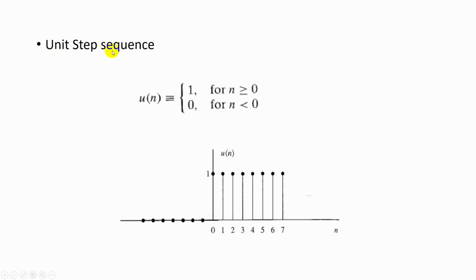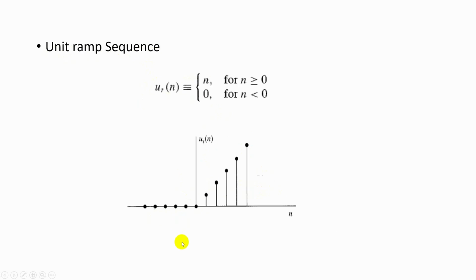Next is the unit step sequence, where u of n is equal to 1 if n is greater than or equal to 0. It is equal to 0 if n is less than 0. Next is the unit ramp sequence, where ur of n is equal to n for n greater than or equal to 0.